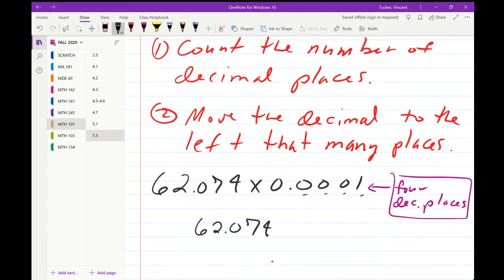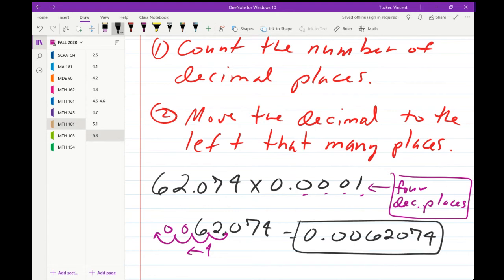And we're going to take our decimal and move four places to the left. We're going to have to use two placeholders. And that'll be your answer. The zero to the left of the decimal is not necessary. You don't necessarily have to use it. I always do, but the answer is still right, whether you have this zero or not.